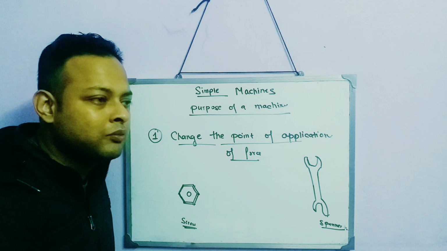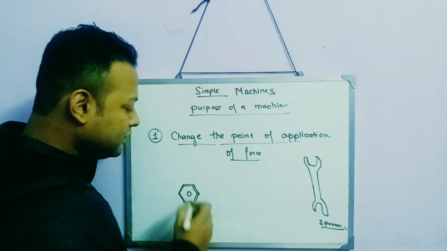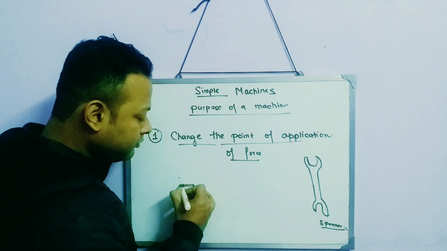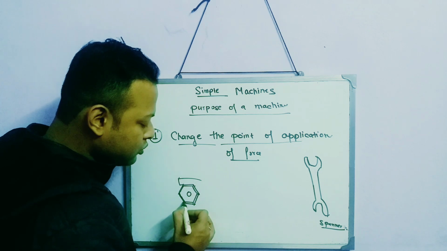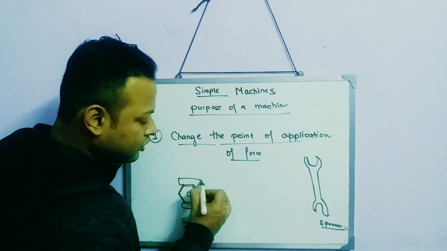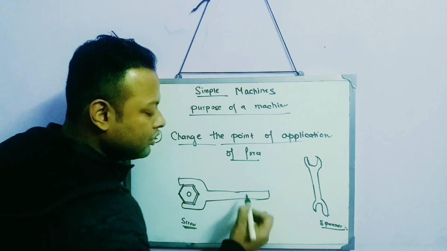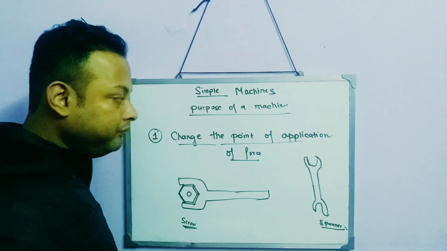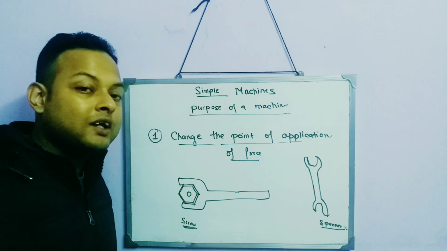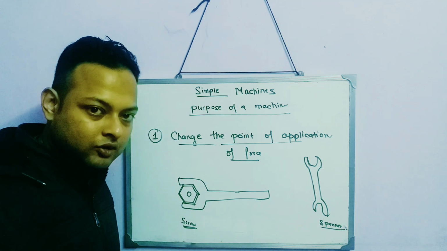It is very much visible. So you take the spanner and put it on the screw. Okay. Now see, what we are doing is that we are changing the point of application of force.